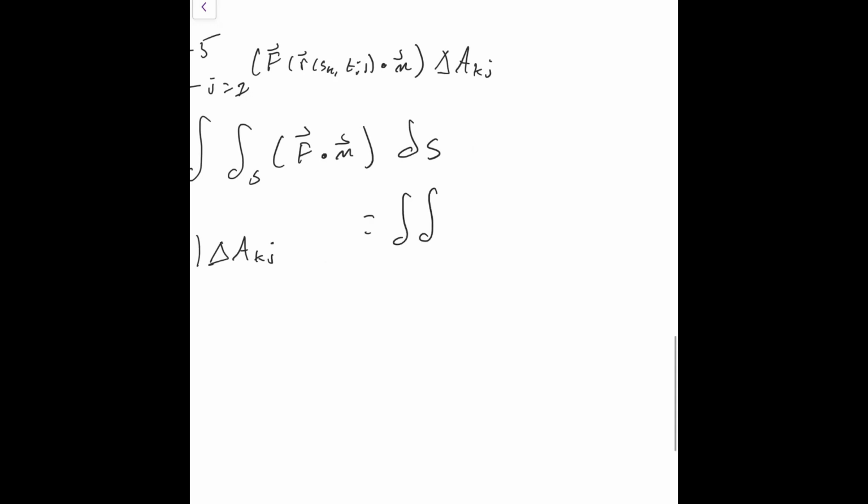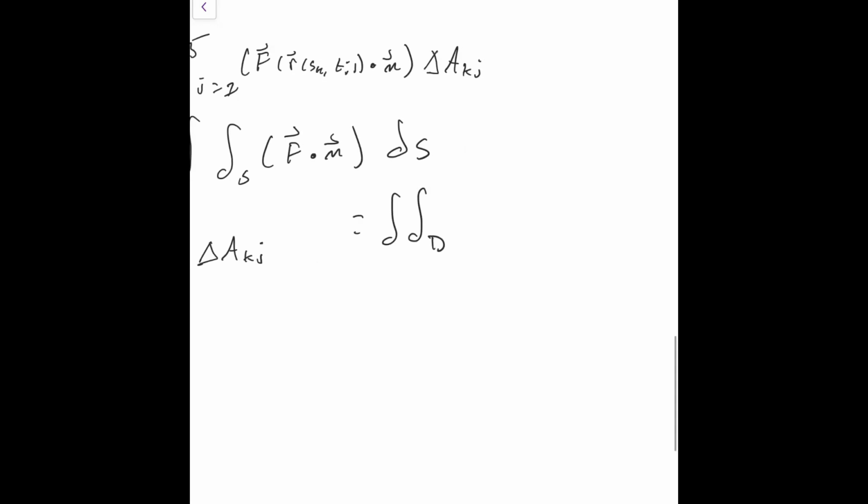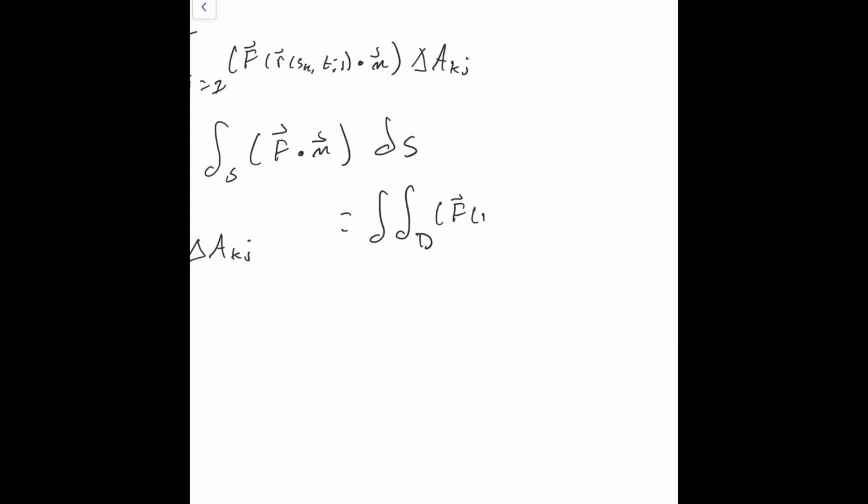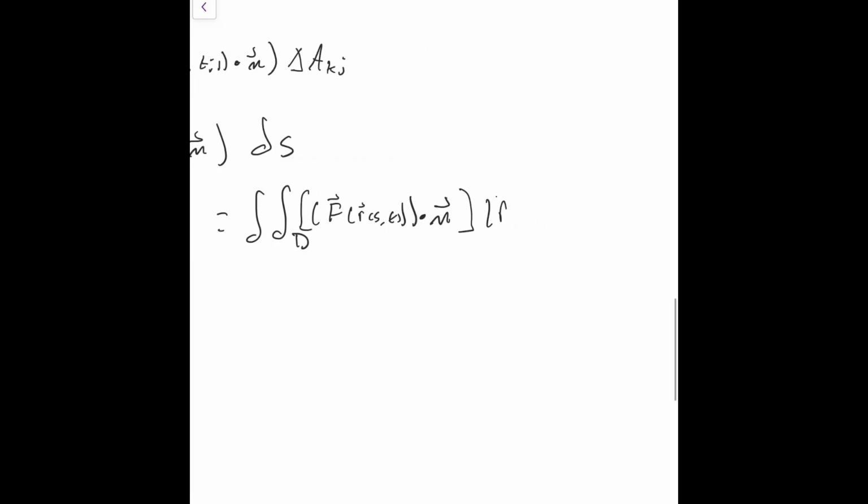Well, this is the integral over the parameter domain D in the st plane of f of r of st, dotted with n, times the magnitude of rs cross rt dA, where dA is the dA in the st plane.